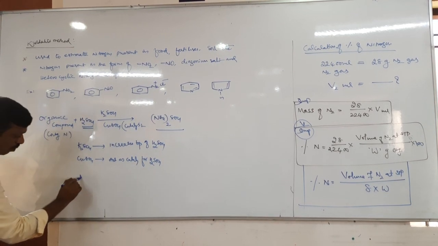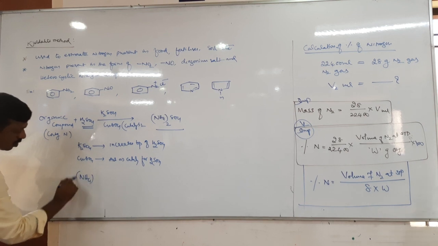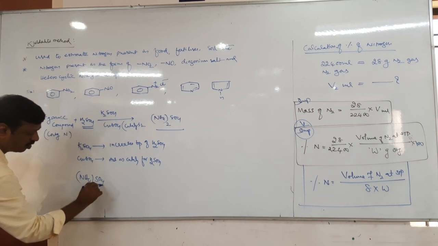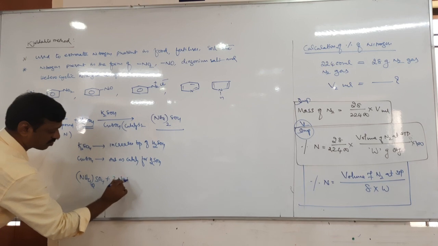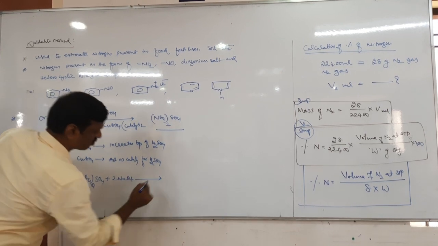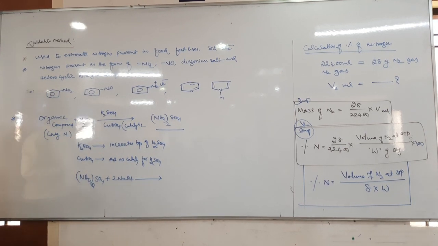Then this ammonium sulfate is treated with sodium hydroxide. Ammonium sulfate plus sodium hydroxide. Tell me, what is the product?